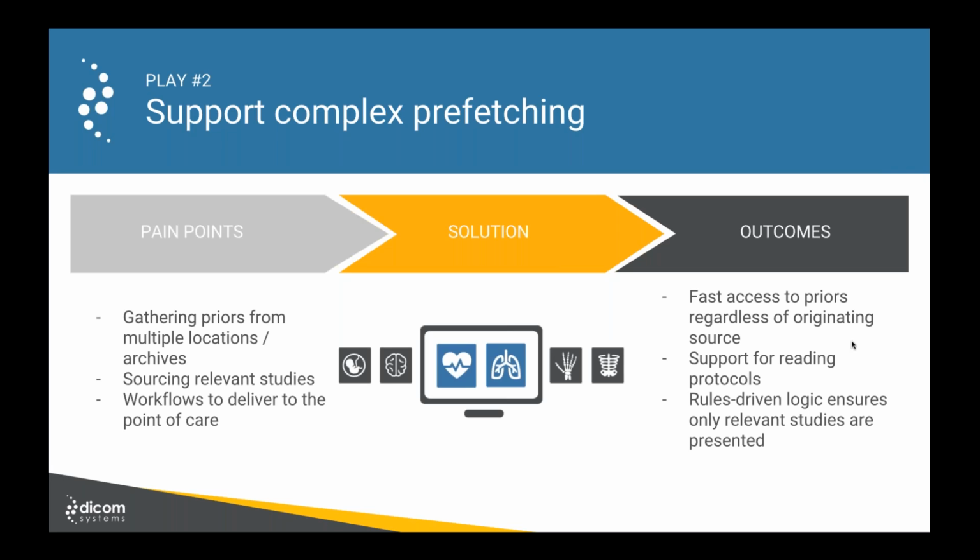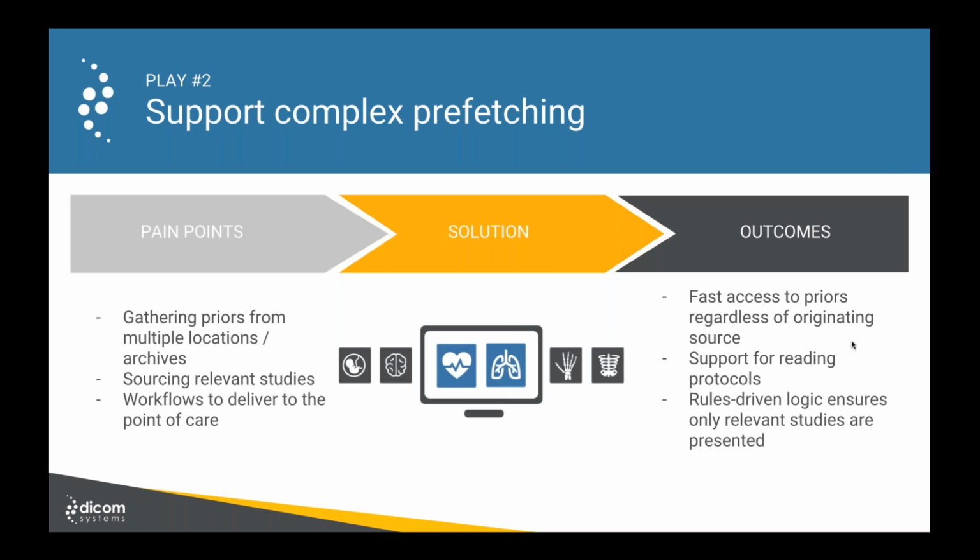But an interesting part about prefetching, and this is how it ties in, if you're facing a challenge like ours, one of the nice things about the prefetching rules within Dicom Systems is you can tell it, hey, don't fetch anything that was imaged after a certain date.